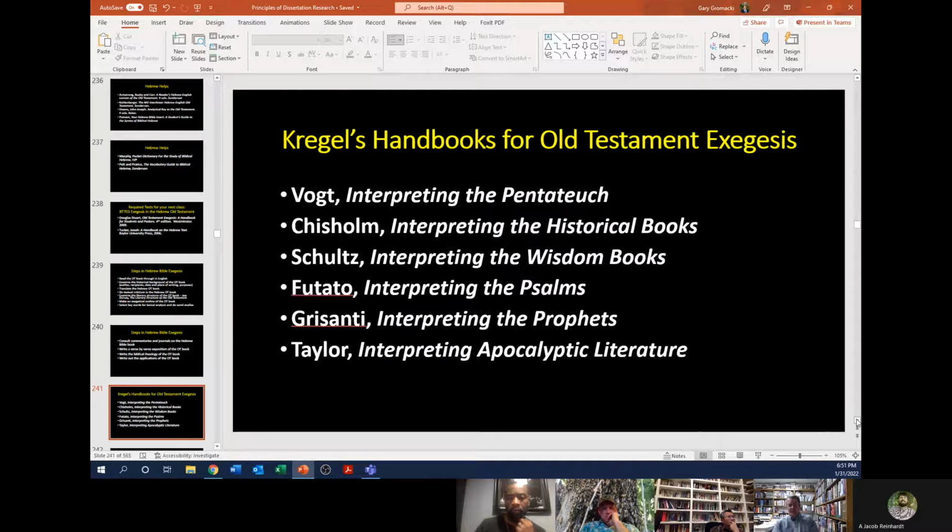So if you were going to study those books, it would be helpful to look at these. They're called Handbooks for Old Testament Exegesis. They're going to give you some things to look for as you read and study these books. And again, these are just another tool to add to your toolbox.